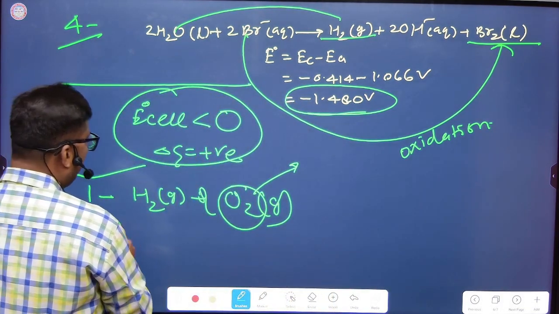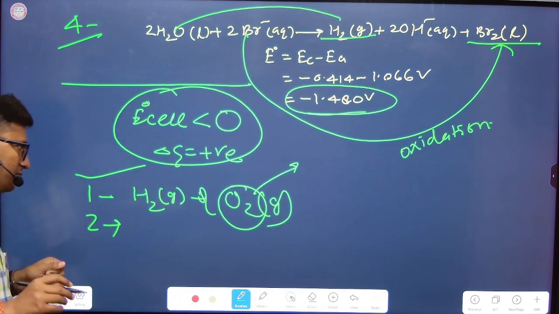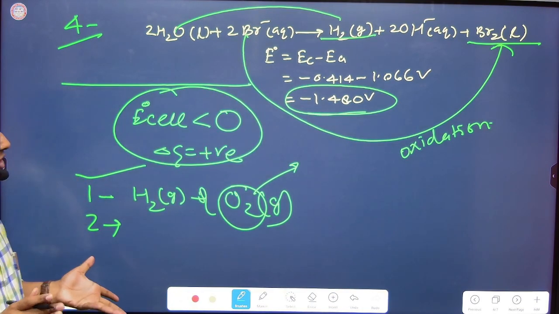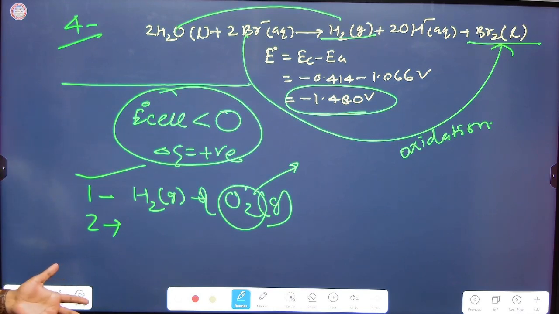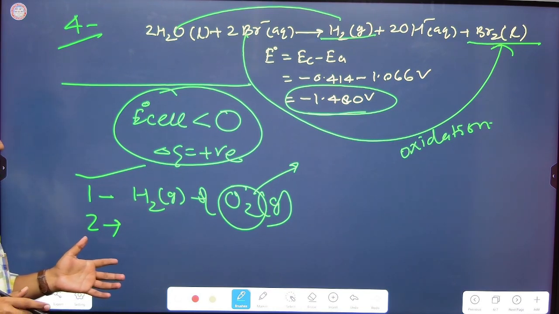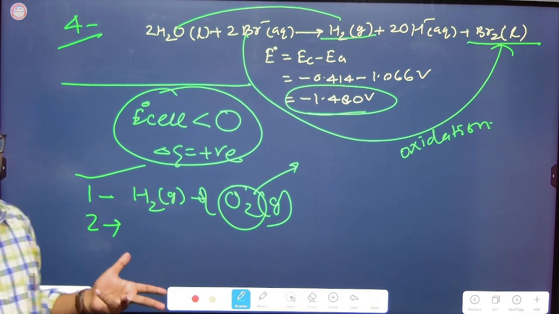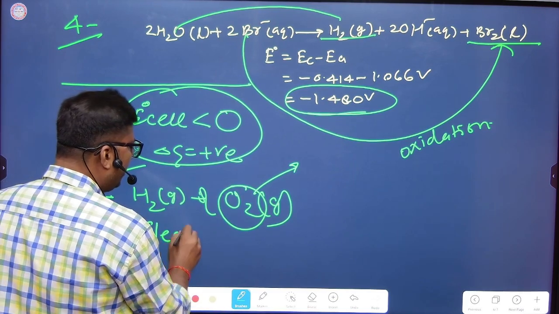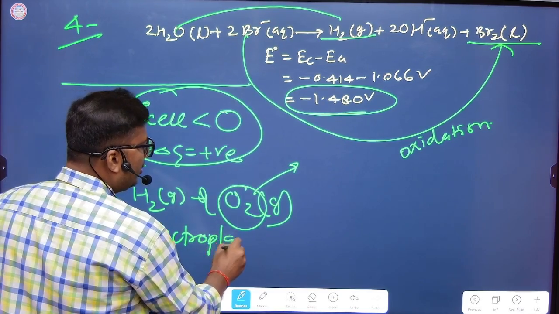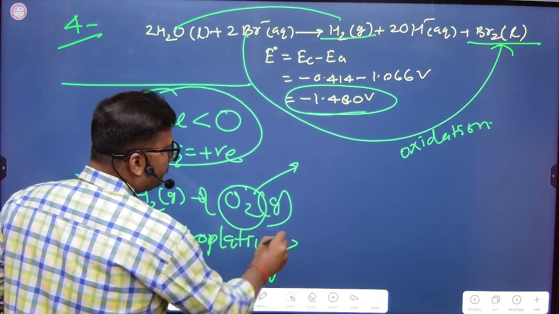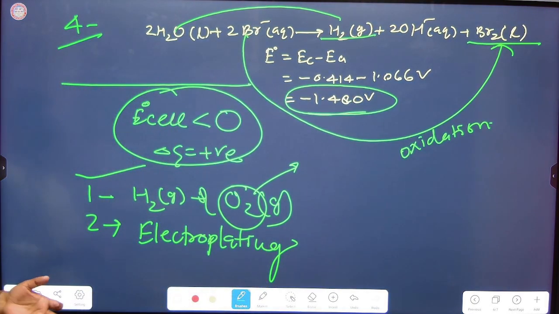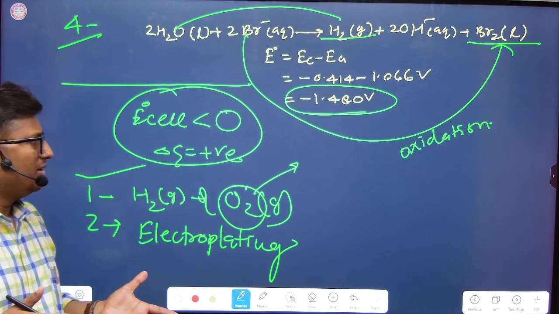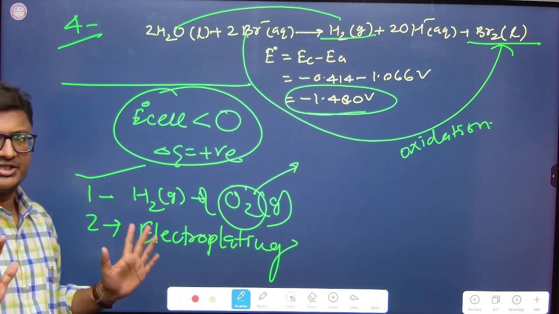The second thing is that such electrolytic cells are used for electroplating, right? What is electroplating? Plating means deposition of one kind of metal on another surface.